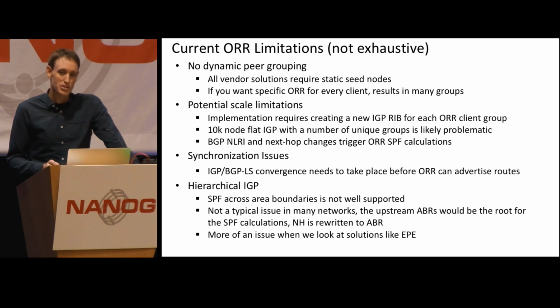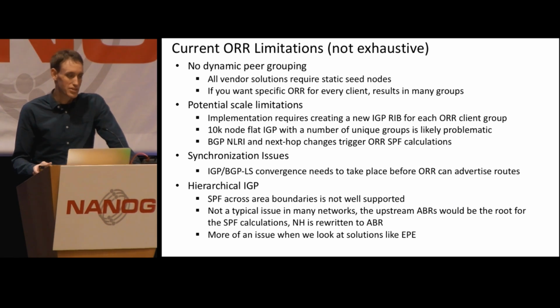Like I said, in a typical network scenario where I've got aggregation nodes that are ABRs and all the nodes sit behind those, you can make the assumption that if I have a client behind a configured seed IP, I should automatically add it to that group. But today, none of the nodes do that. I have to do an explicit configuration that says this client belongs to this group, and I have to configure the seed IPs as well.